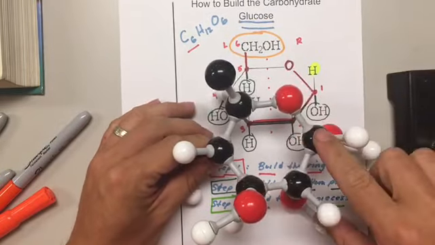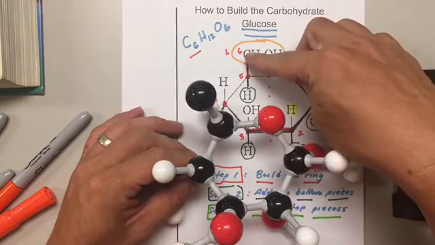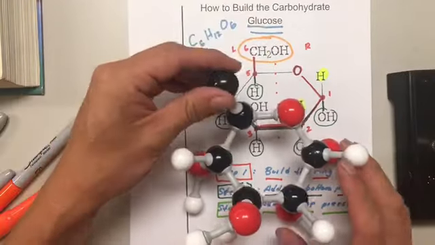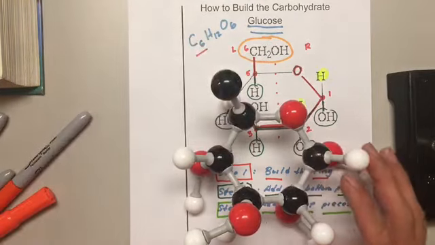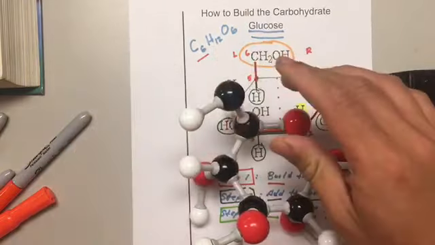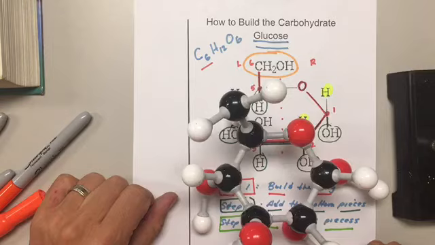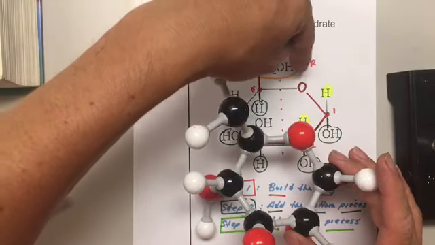You have 1, 2, 3, 4, 5, 6. So now we have that. Now, take a look. It's H2. So now you have to attach 2 hydrogens, 1, 2, to that carbon. Now, you also have an OH.